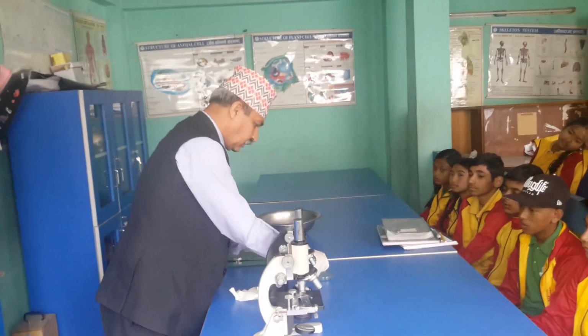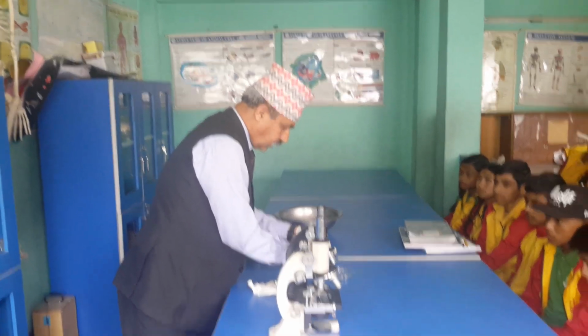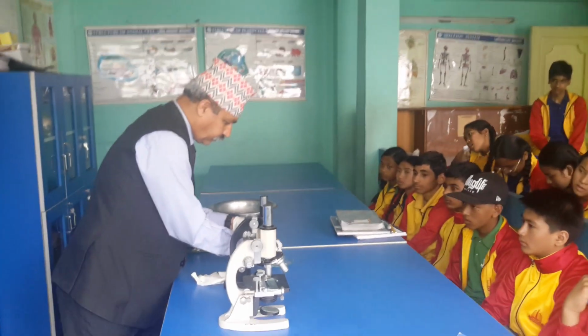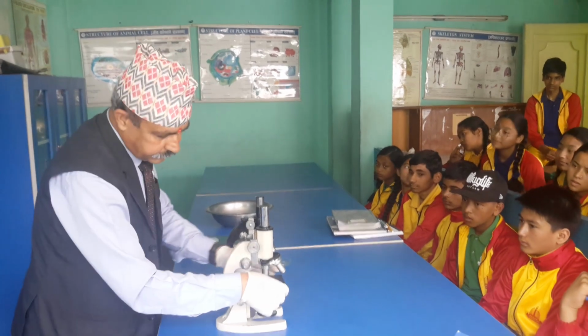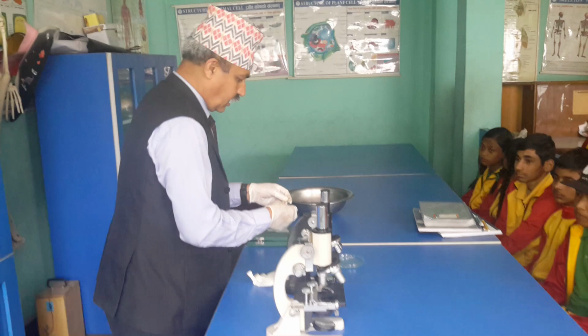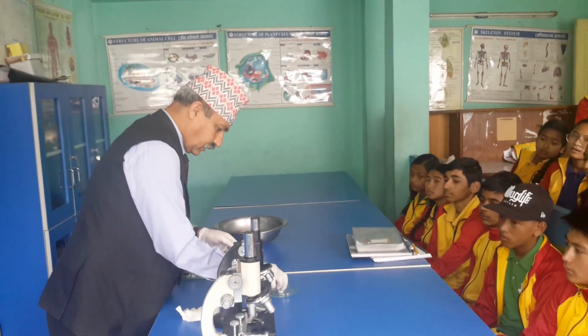Let me wash it so that the whole thing will go. Now another also, I'll just wash it. Right now we have got two microscopes, and already I think they have made a temporary slide.